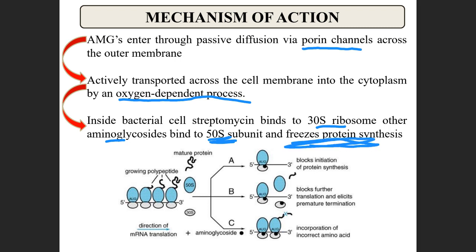Just to understand what protein synthesis is and how it would take place in the normal case, we'll try to explain. Suppose this is the 50S subunit, where the aminoglycosides come in. In the normal case, there are two RNAs, the messenger RNA and the transfer RNA.